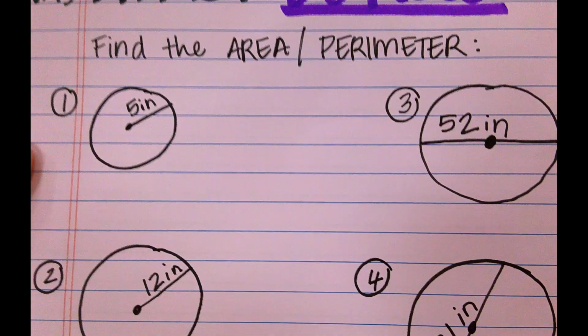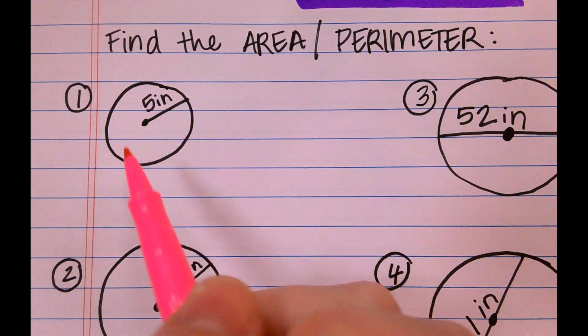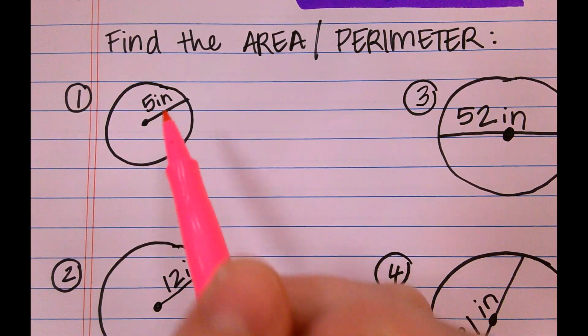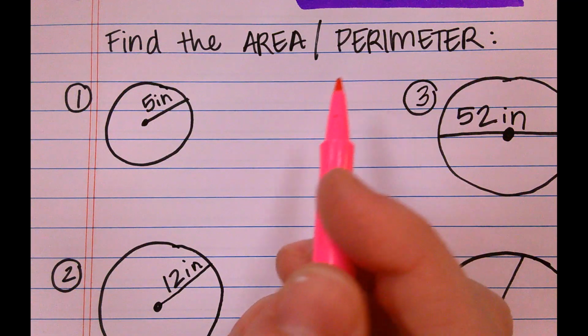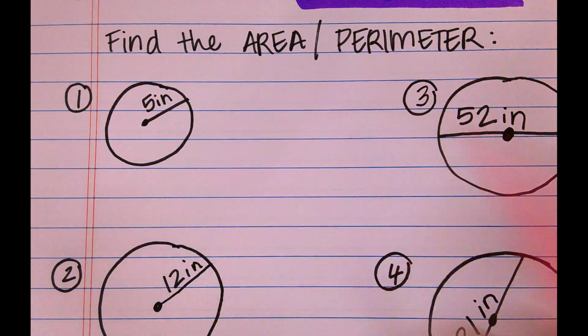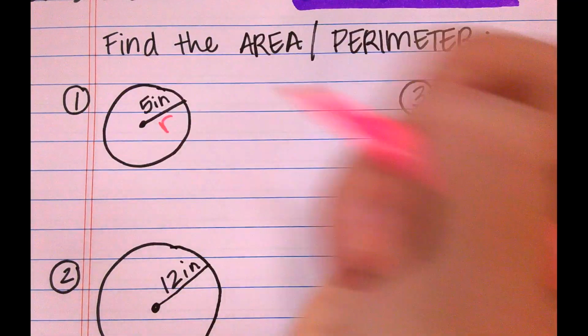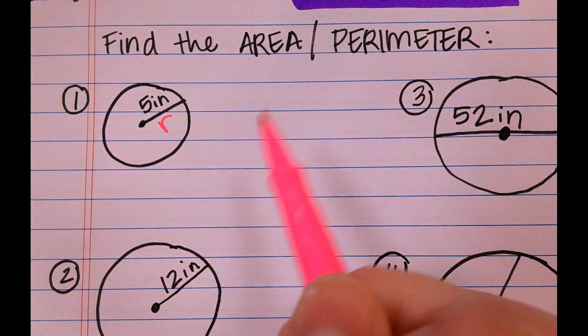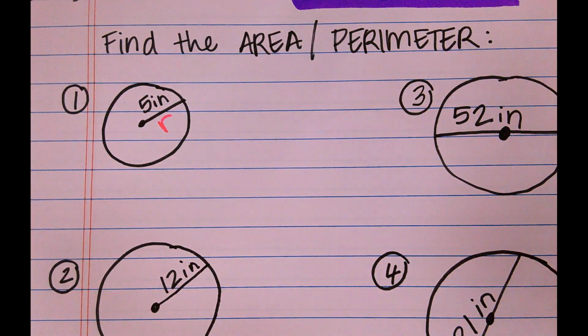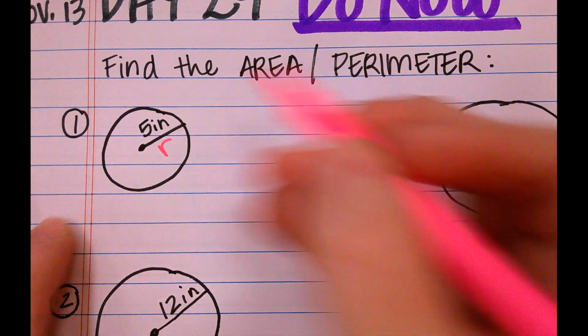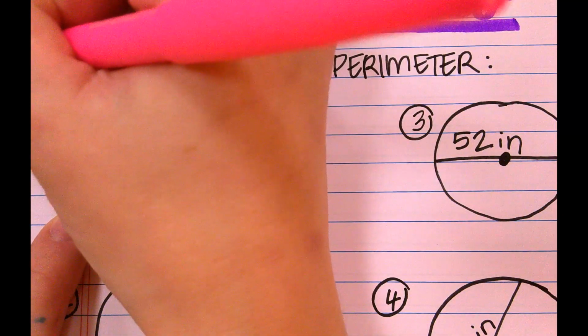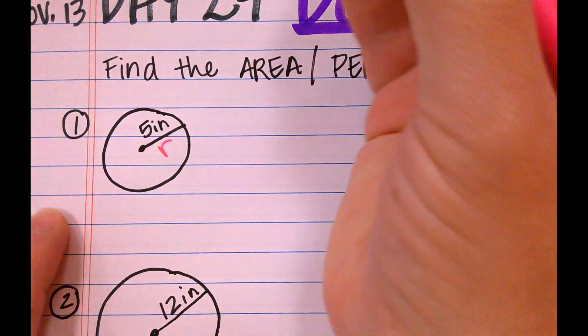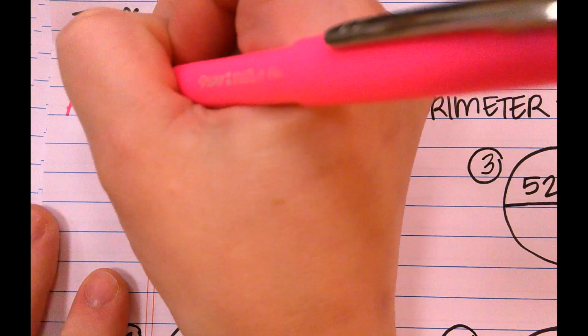So, for number 1, is this a radius or a diameter? It's a radius. Okay, so first I'm going to put to the side, what are my area formulas? Pi times radius squared. There's only one.